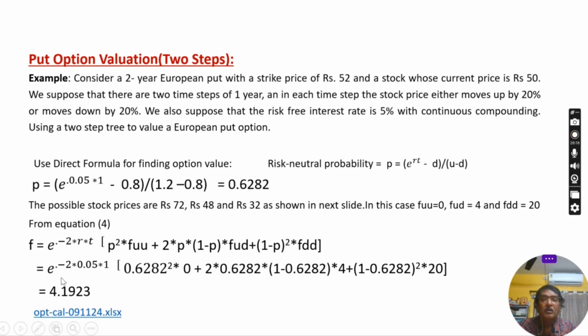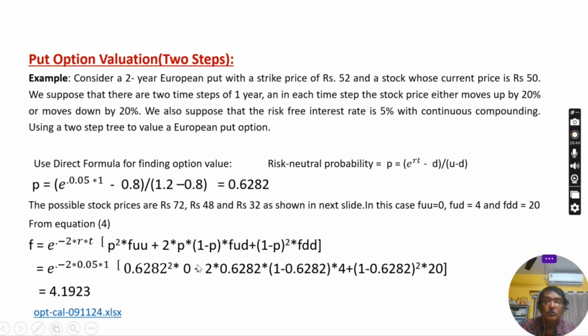Now I am using the direct formula to find the value of the put option. If you put all these values, minus 2 into R which is 5%, T is 1, and the P value is this, P squared into FUU, which is 0, and if it were a call option, then the value would be different.